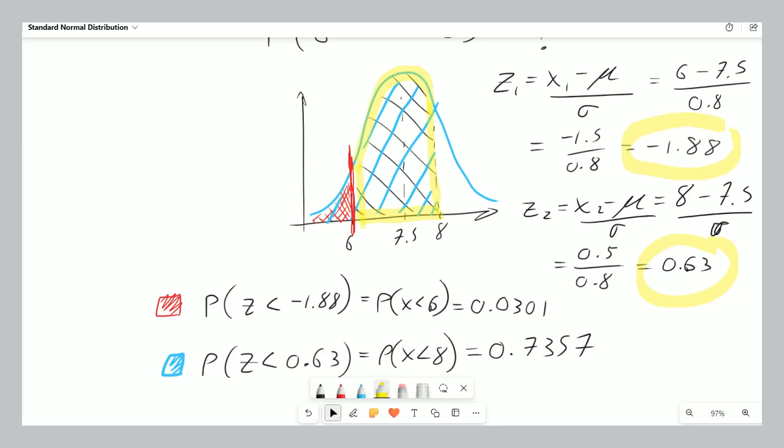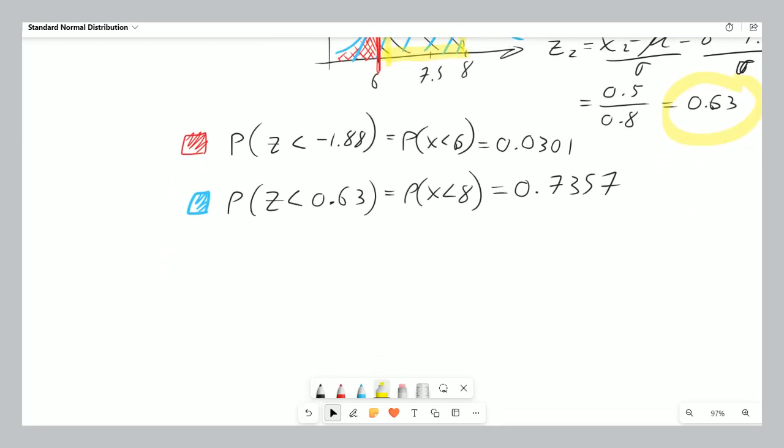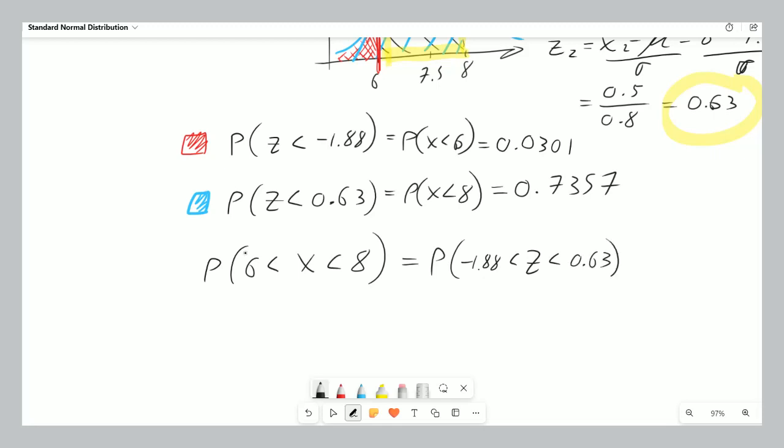So to find the probability of X being between 6 and 8, you just take the larger probability and subtract the smaller probability. So the probability that X is between 6 and 8, which is the same as the probability that Z is between negative 1.88 and positive 0.63, that's just going to be 0.7357 minus 0.0301.